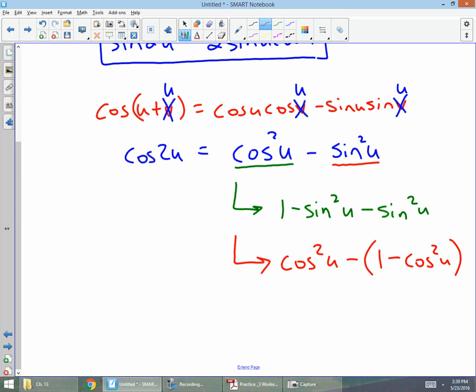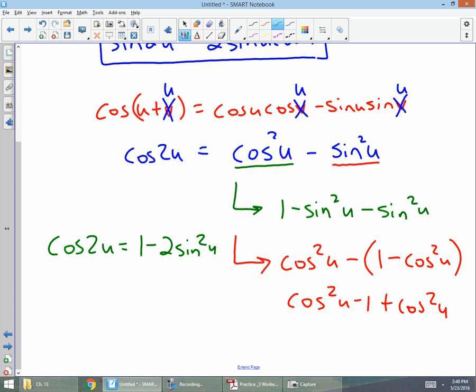And so that would be the cosine squared of u minus 1 plus the cosine squared of u. So let's condense these down. In green, the cosine of 2u is 1 minus 2 sine squared of u. In red, condensed down, the cosine of 2u is 2 cosine squared of u minus 1.